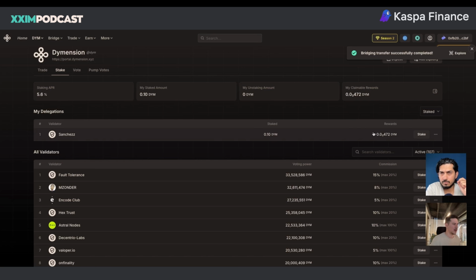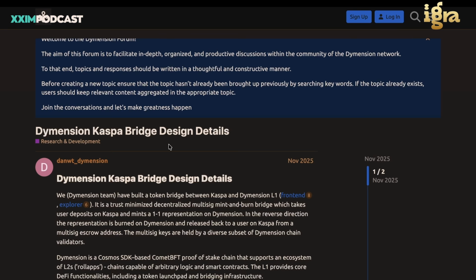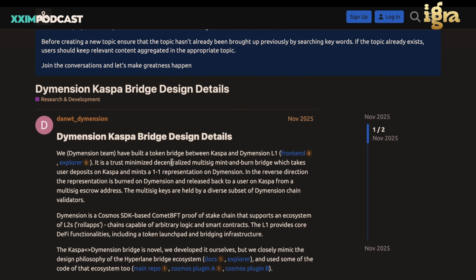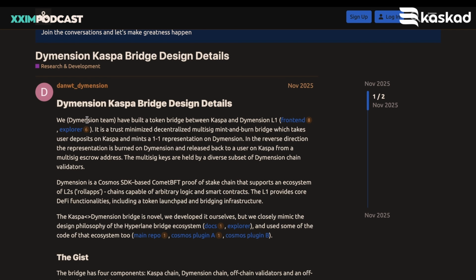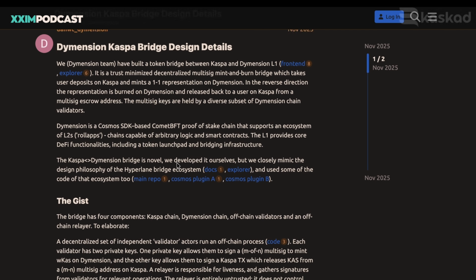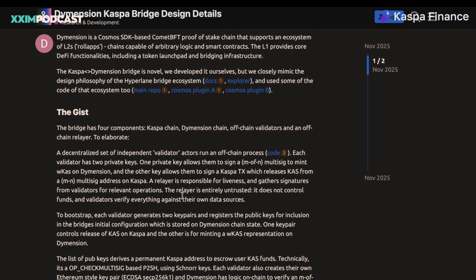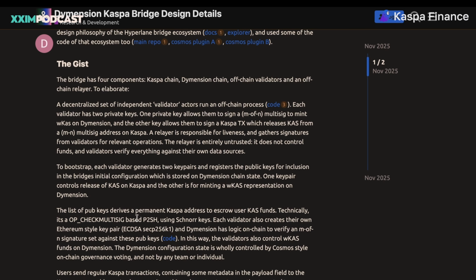So once enough validator signatures are in, the funds can move. There are very elaborate Kaspa bridge design details on the Dymension forum. By the way, if you are keen to look into it, that's great.